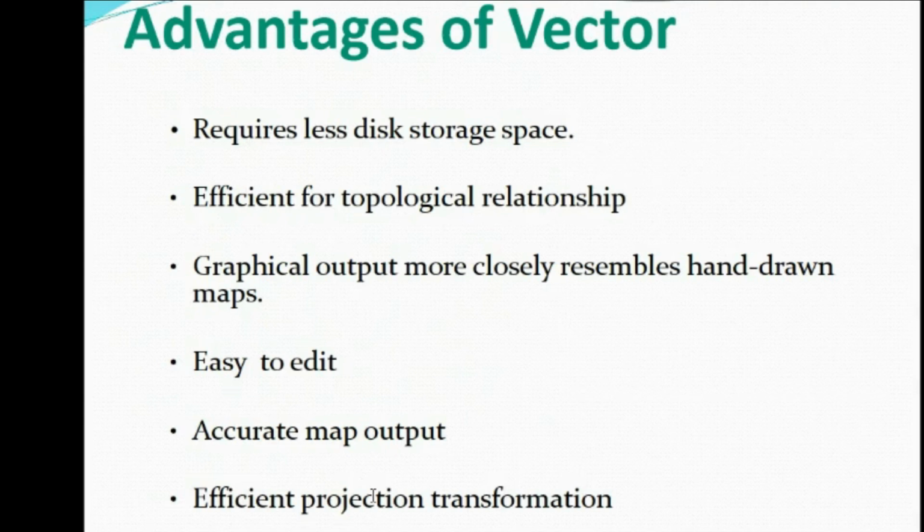So here we will look at the advantages of vector data. As compared to raster, it requires less disk space. Here there is no matter of resolution and cell size; it is nowhere a matter in the case of vector. It is efficient for topological relationships. Topology may be a new word to you. We know that it is a mathematical term, but in GIS it refers to the accuracy or quality of the GIS data.